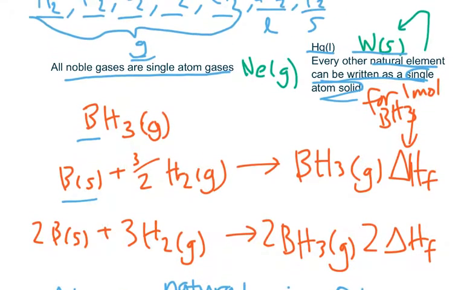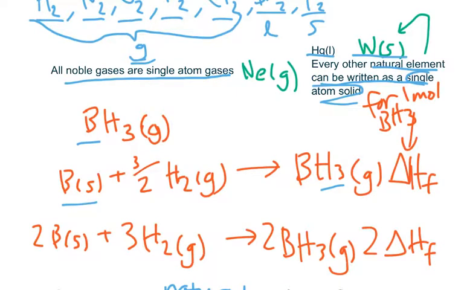And how many H2s do we need, since hydrogen naturally exists as a gas in its diatomic form? So we would need 3/2 moles of H2 to form 3 moles of H on the right-hand side. And notice how this is a fraction, and we usually don't see fractions in reactions, but this time it's fine because we need to form exactly 1 mole of BH3.